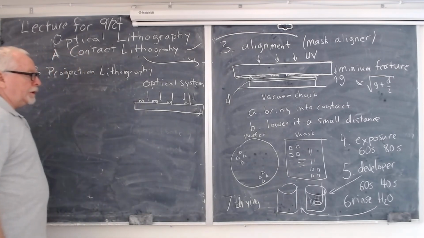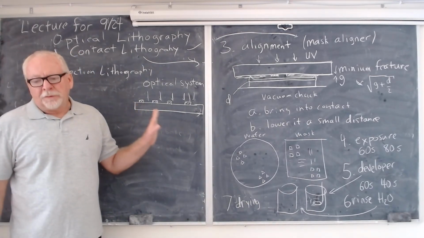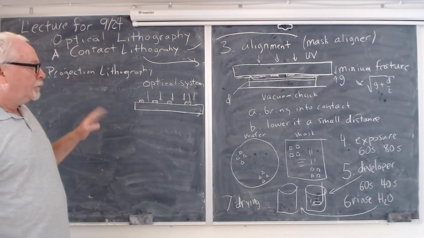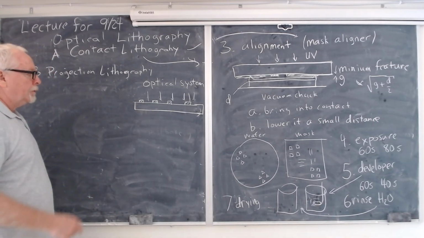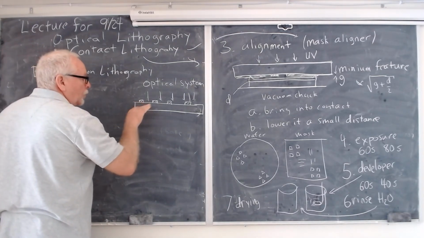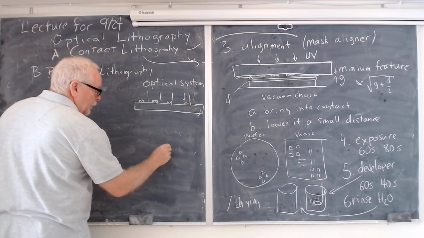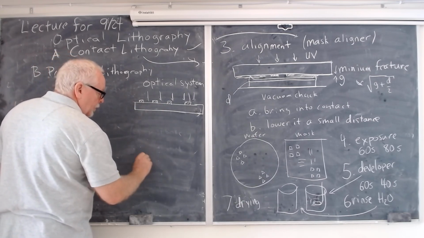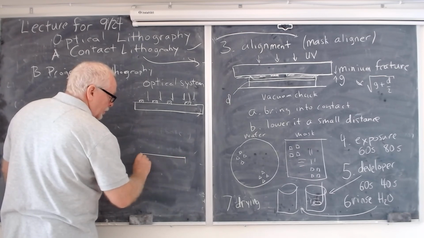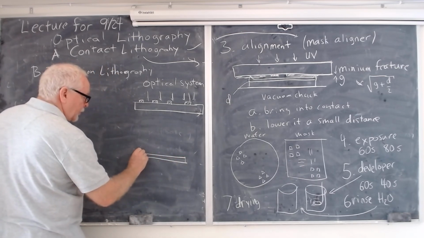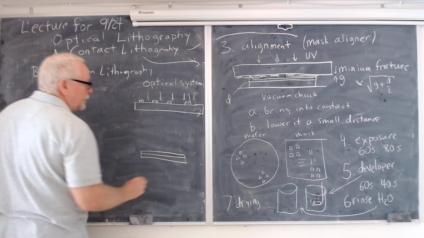All right, and that optical system is actually fairly complicated because you want to design it right so that when the light passes through, here's my wafer with my photoresist.